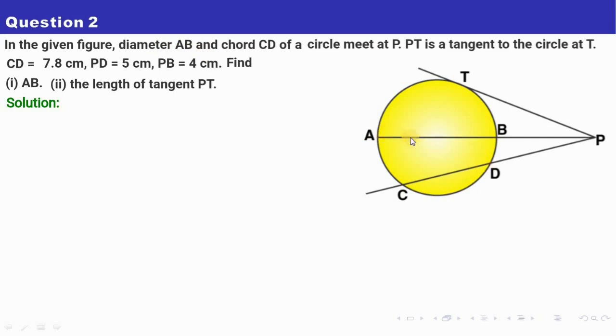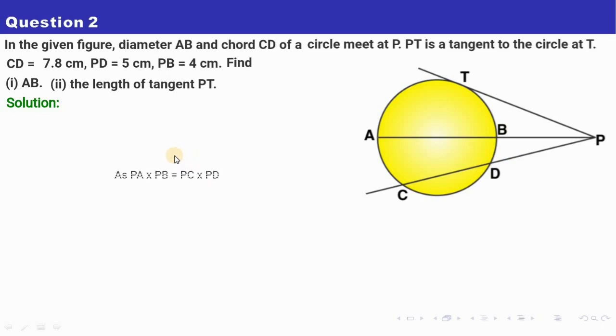So if a diameter can be considered a chord, then chord AB and chord CD intersect each other externally at point P. Please forget about this tangent. So we can say that PA into PB equals PC into PD.